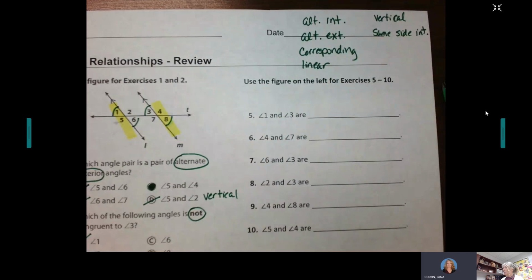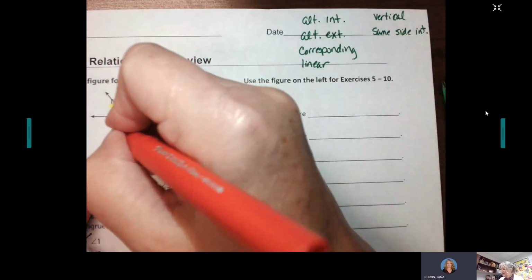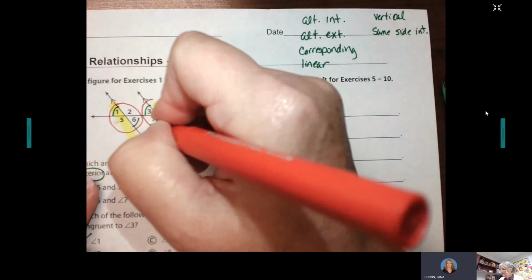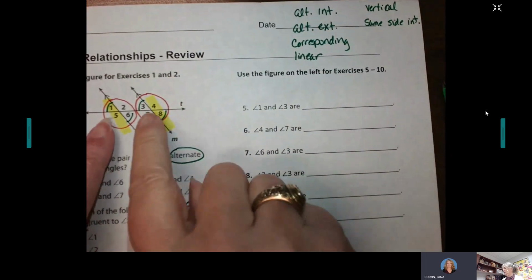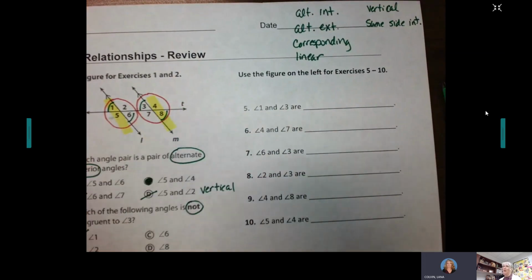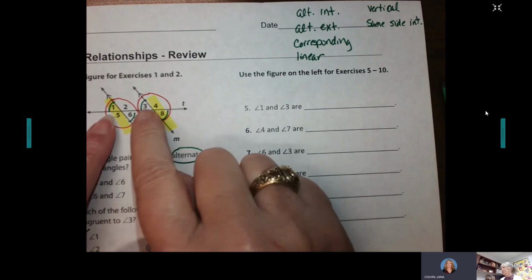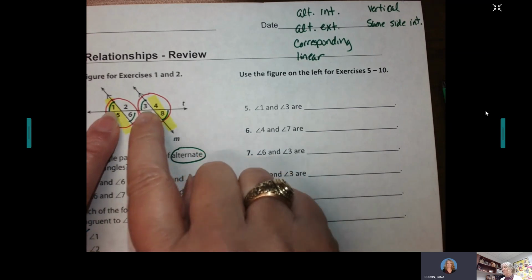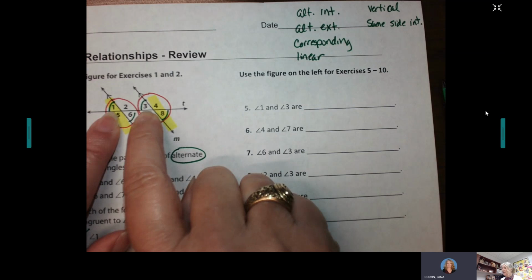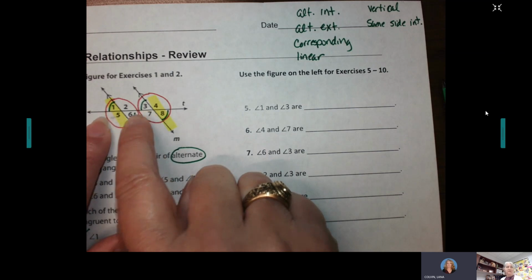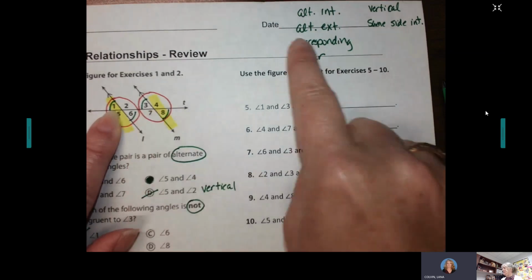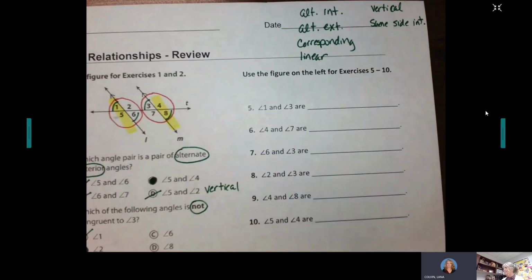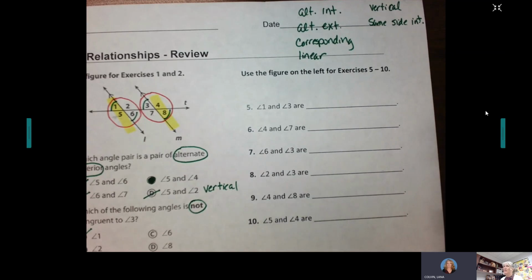Remember, when we did this outside, we talked about this is one set and this is the second set, and we talked about the location of each angle in each set. So 1 and 3 are in the same location, right? 1 is top left, so is 3. Which word is that? They're in the same location.